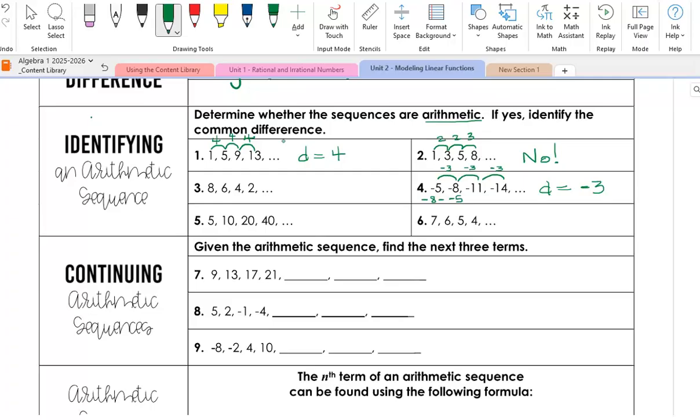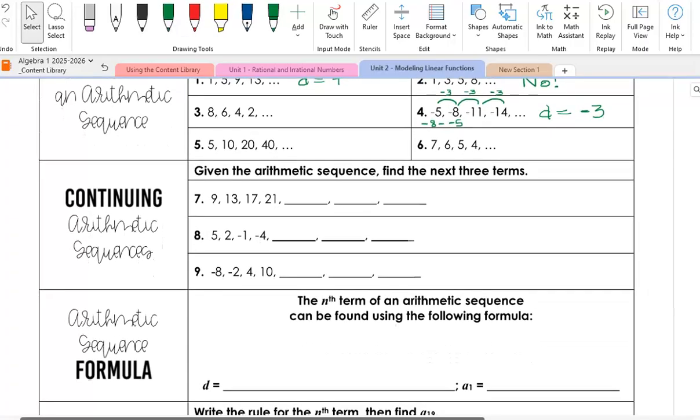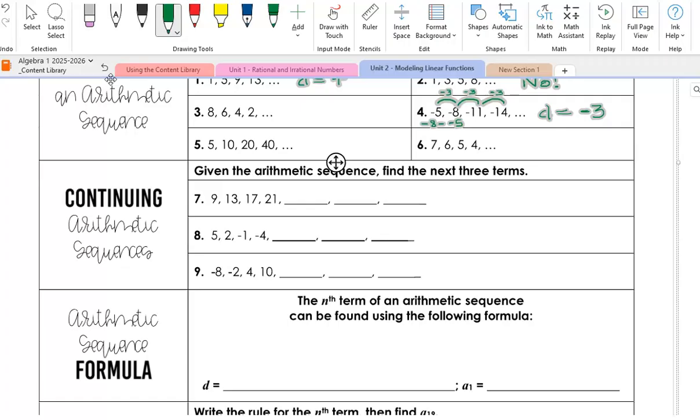All right, let's see if we can figure out. Given the arithmetic sequence, find the next 3 terms. Well, some of you will look at this and go, oh, we just added 4, so this is 25, and this is 29, and this is 33. And what you did is you determined your common difference is 4, because if you went backwards, you would have seen that you got 4.